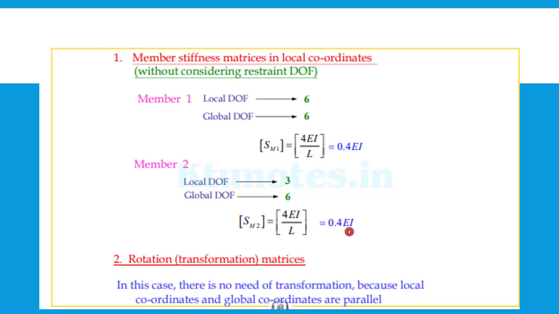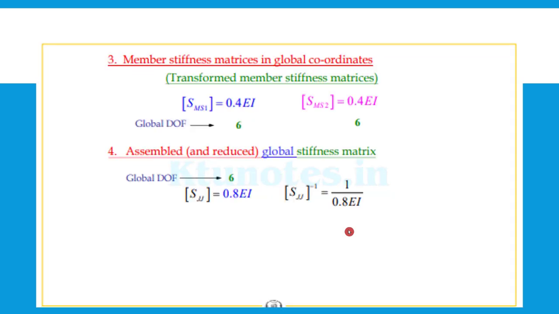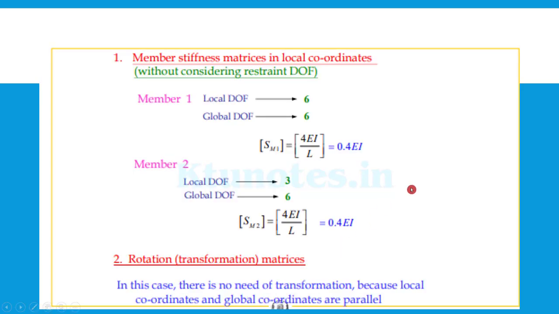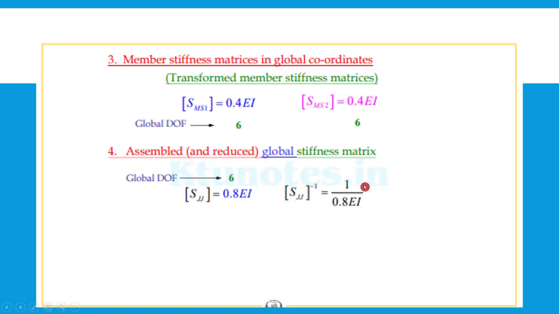Here also there is no rotation matrix required. The local coordinate and the global coordinate are the same, and hence the member stiffness matrix in the global coordinate is the same, 0.4 EI. And also for S2 it is 0.4 EI.